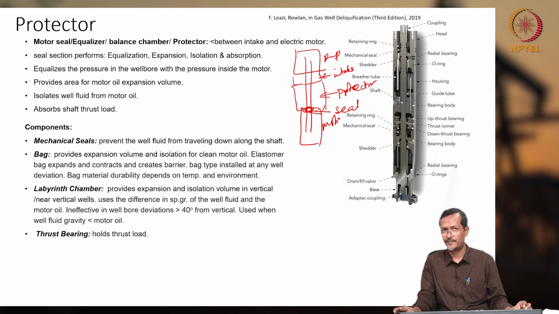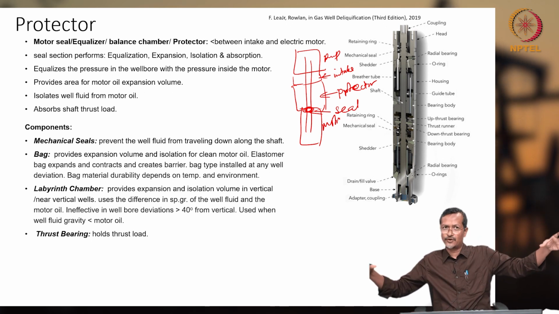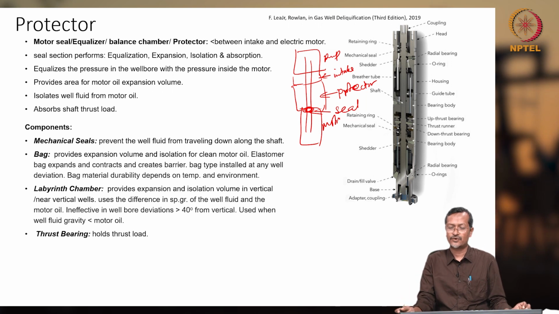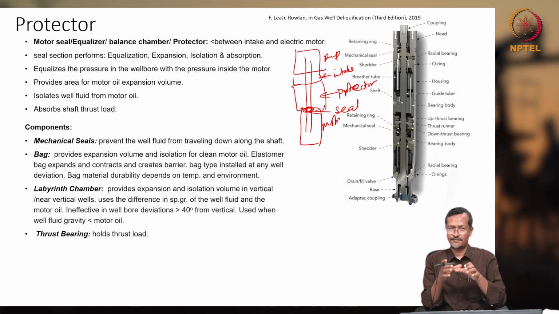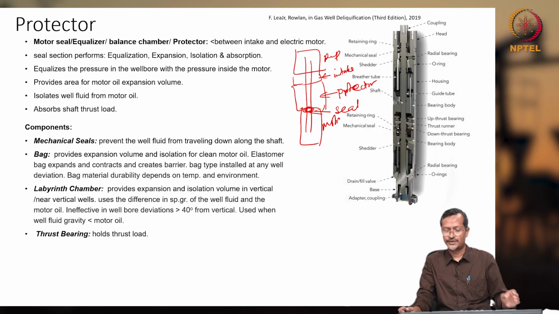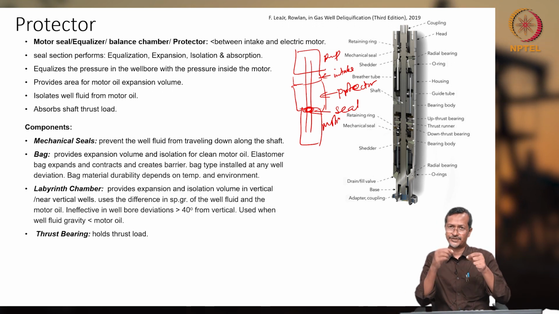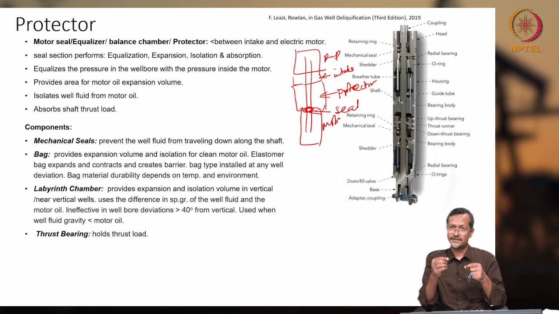So what the submersible pump engineers thought was, let's put in a separate seal section, which will also be several feet long. This seal section will contain some bellows, some extra fluid chamber, some isolation chamber, so that if the motor has pressure loss because of leakage, this protector section will supply extra fluid.